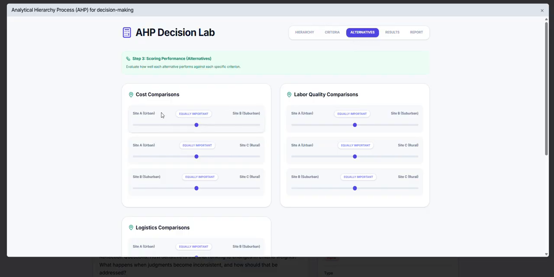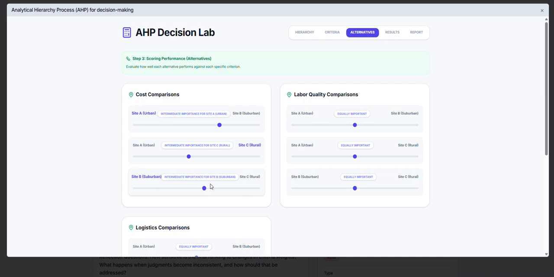So we had 1, 2, 3 sites, ABC actually, and in terms of cost, we can start comparing site A against site B in terms of cost. We can say that somewhere here, site A and site C in terms of cost, site B and site C.